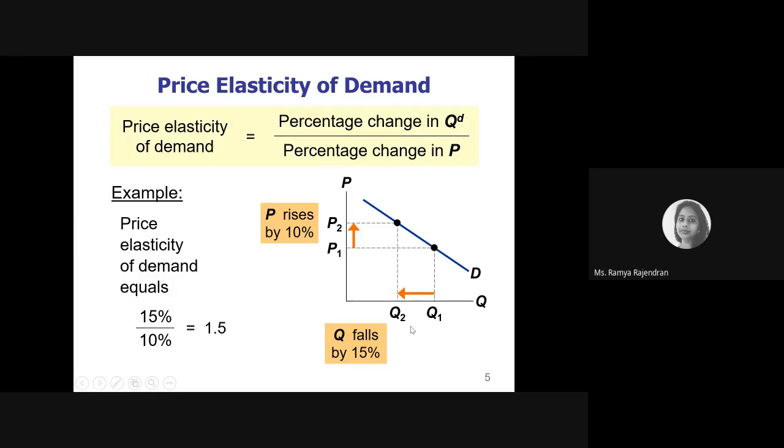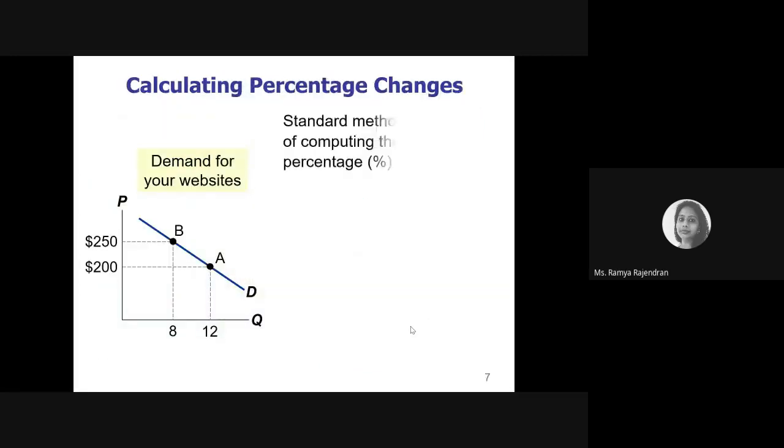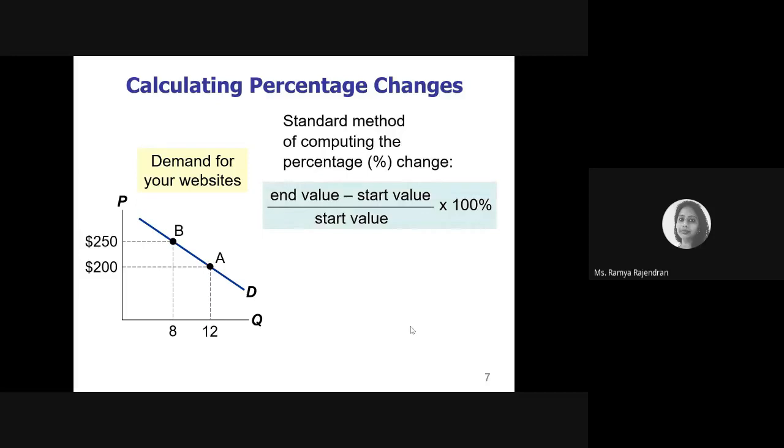But if you have normal points on your graph, how are we going to compute it? It's actually based on 10th grade math: end value minus start value, divided by the start value, times 100. Here the price is at $200 and increasing to $250, so the end value is 250 and the start value is 200.